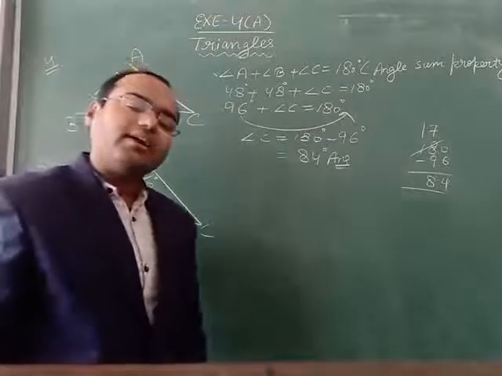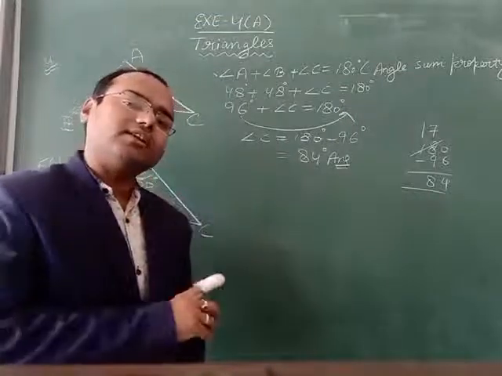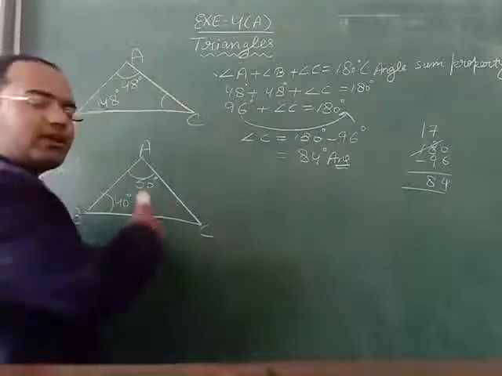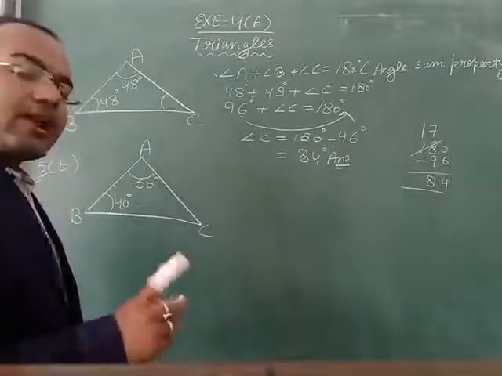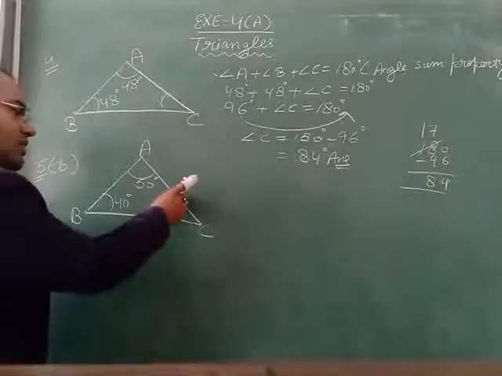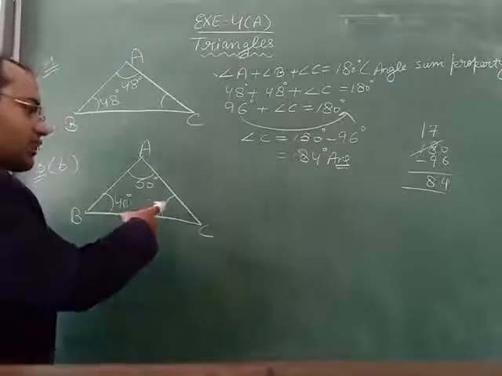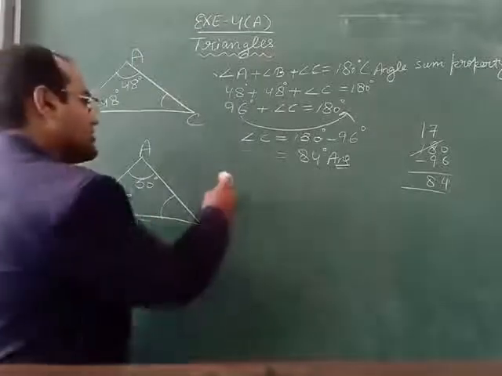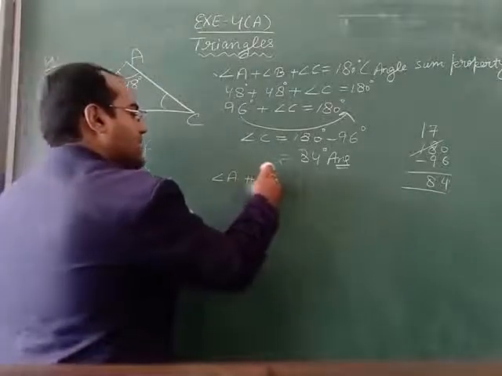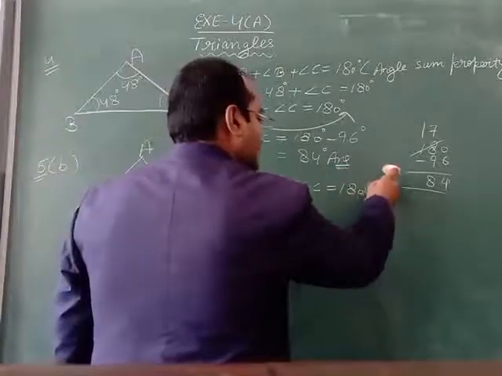And what is a right angle triangle? A right angle triangle is that triangle in which any one of the three angles will be 90. So here 50 is given, here 40 is given. This third one we don't know the value of. So first of all we will calculate the value of this third angle. Angle A plus angle B plus angle C is equal to 180 degrees.